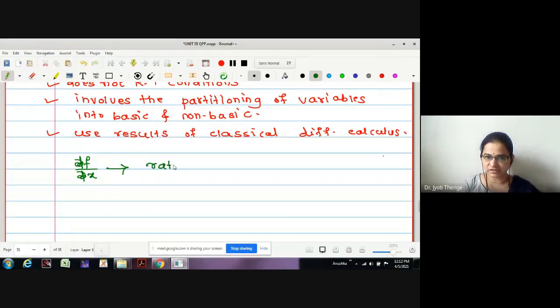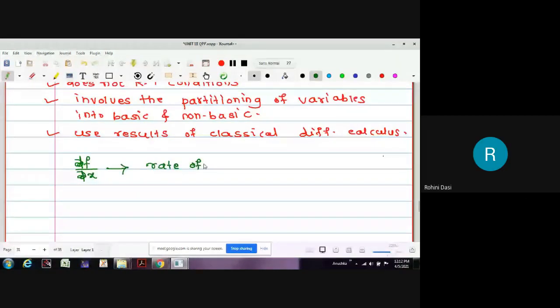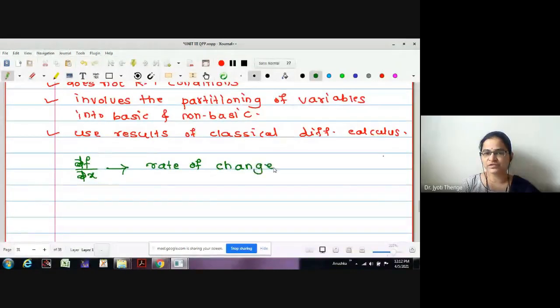Is it the rate of change? Yes, this is the rate of change of f with respect to x. That is, how f changes if we change the variable x. Rather, it is the limiting value of the increment ratio, change in f upon change in x.